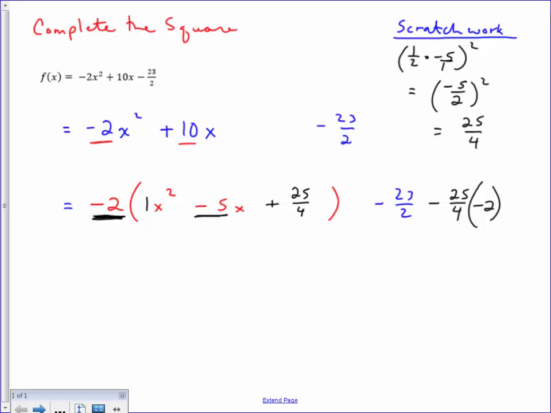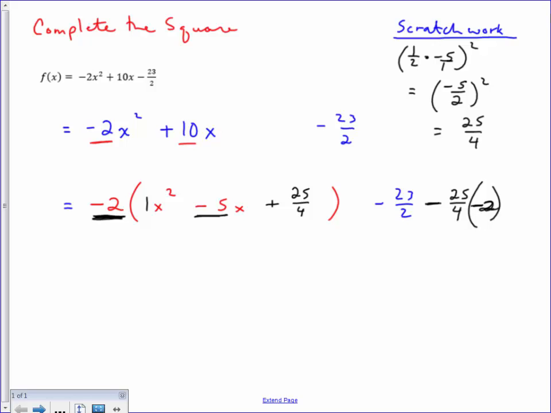So when I add 25/4 to the inside of that group, I'm actually adding 25/4 times the -2 that I have on the outside. And so when I come to take it away over on the far right side, I better make sure that I take away that value times whatever number that I had on the outside.